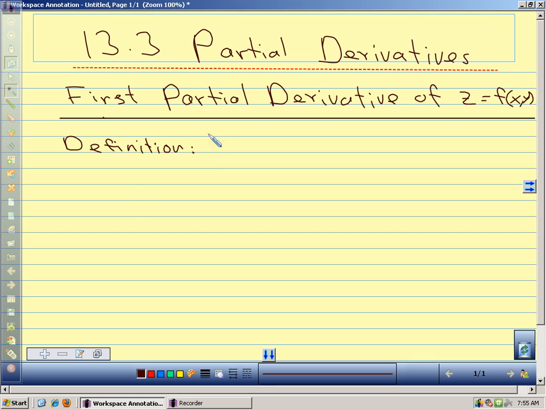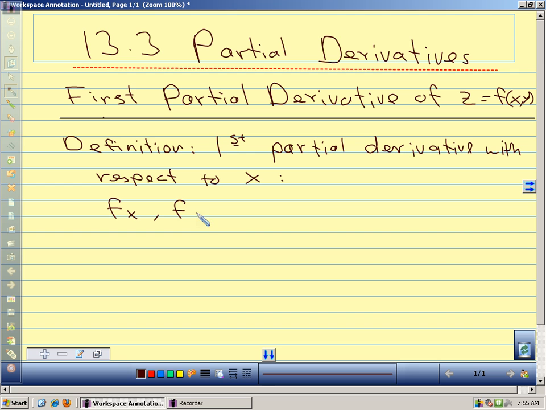So our first partial derivative with respect to x, we write it as f sub x.